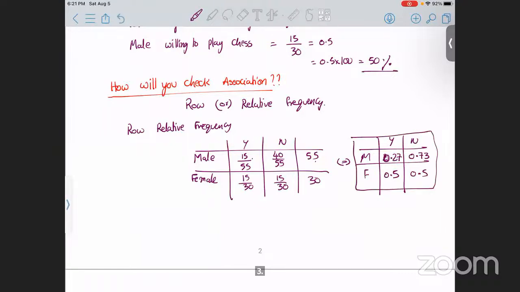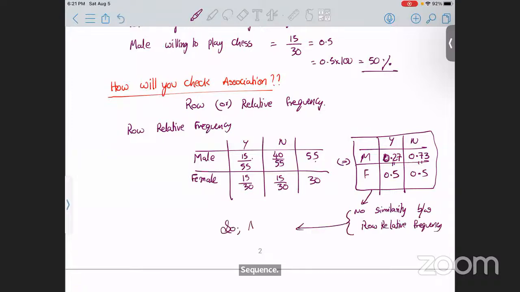Look, there is no similarity between row relative frequencies. Then it is association. Since there is no similarity between row relative frequencies, association exists.